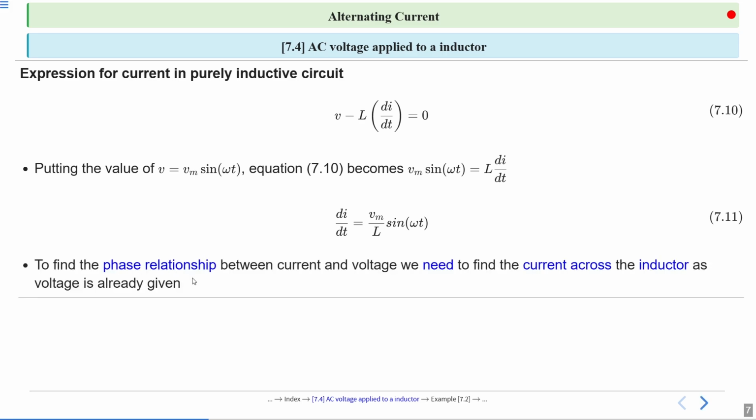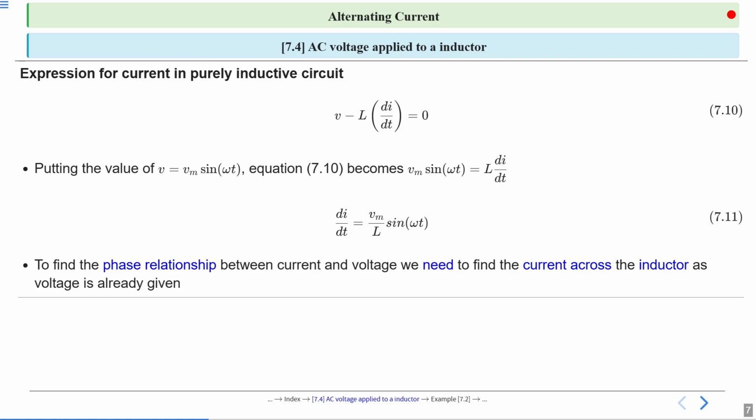To find the phase relationship between current and voltage, we need to find the current across the inductor, as the voltage is already given, V equal to Vm sin omega t. In the purely capacitive circuit, we will also use V equal to Vm sin omega t. So this is fixed, and only the expression for current is derived.